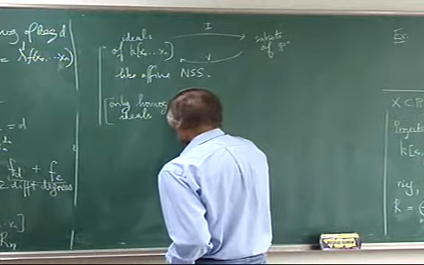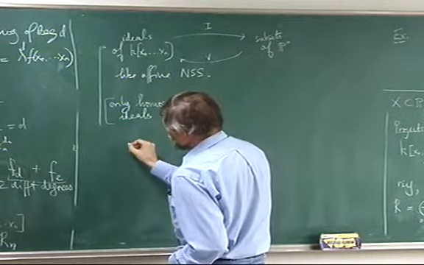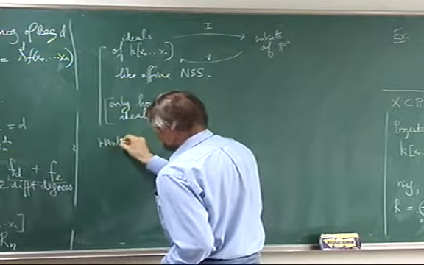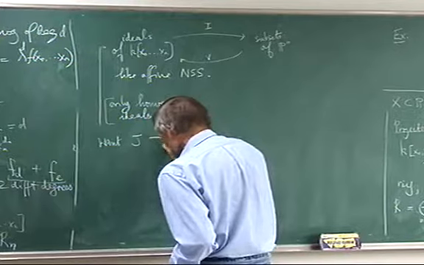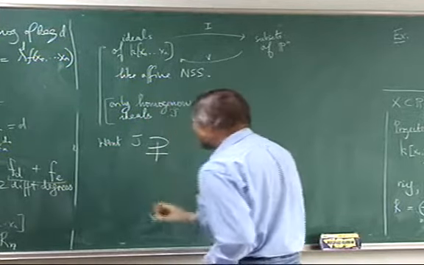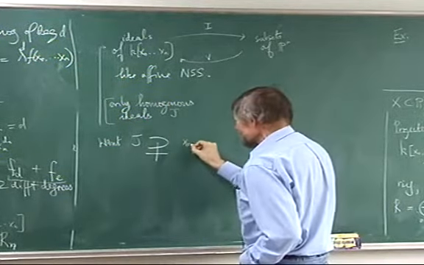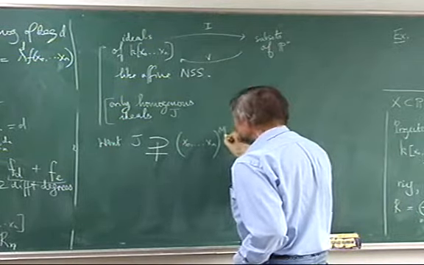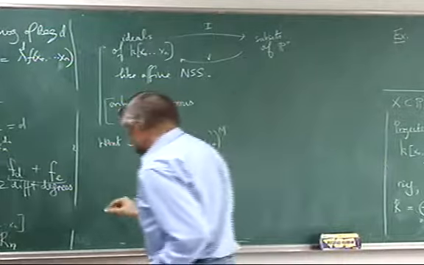So let me say J. I want that J does not contain (x0 up to xn) to some power m for any m.